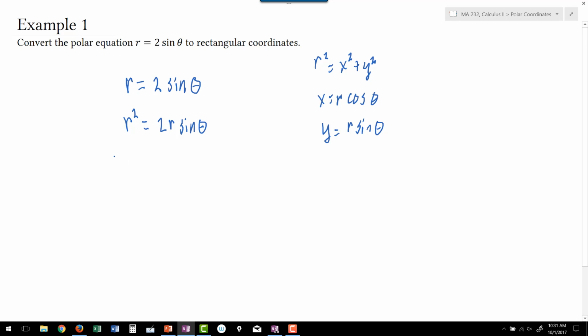When I do that, I can now substitute x squared plus y squared on the left, and I can plug in the y for the r sine theta on the right. We could stop here, but I think it is useful to do a little bit more algebra.